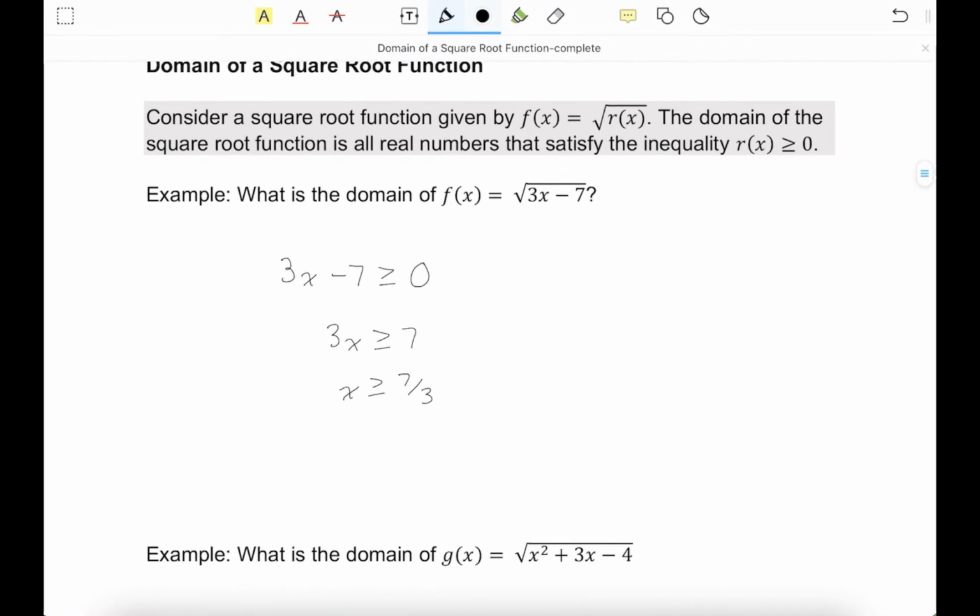So the domain is where x is greater than or equal to 7/3. To do this in interval notation, we do 7/3, include it by doing a bracket, and then go up to infinity.